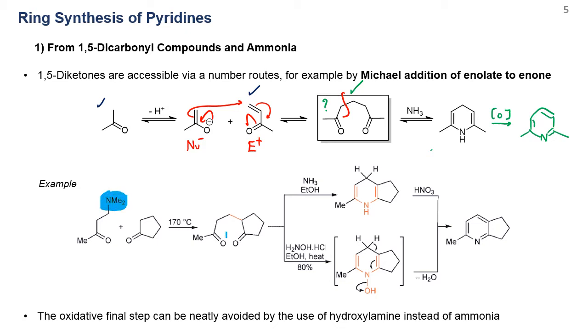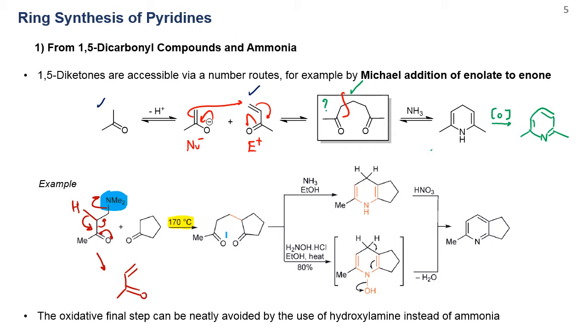You can see there is a leaving group here, and under high temperature this one can undergo elimination, and then you can generate the alpha beta unsaturated ketone.